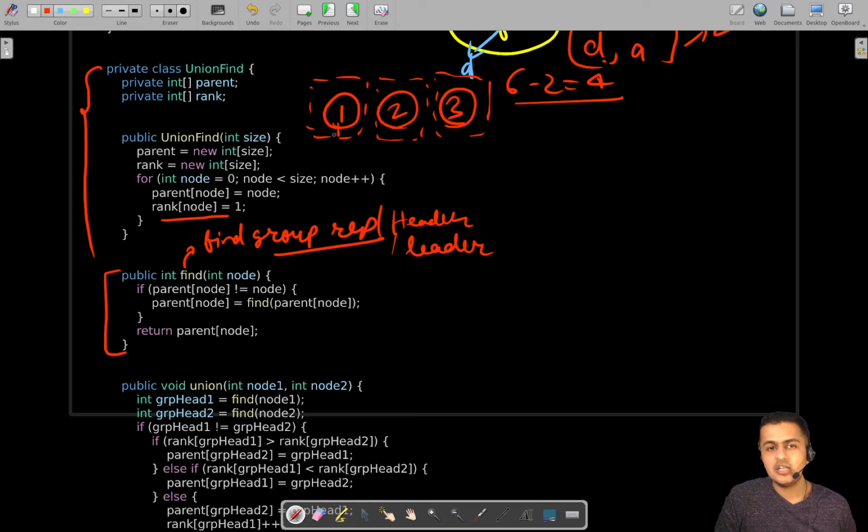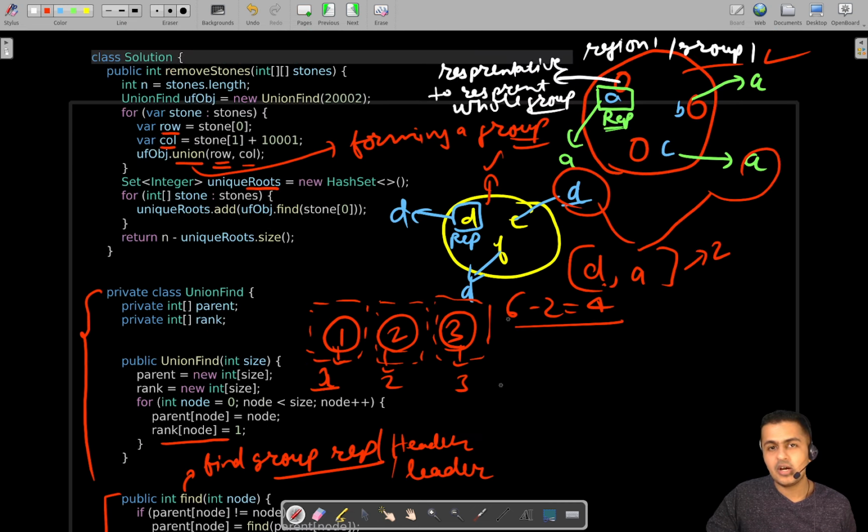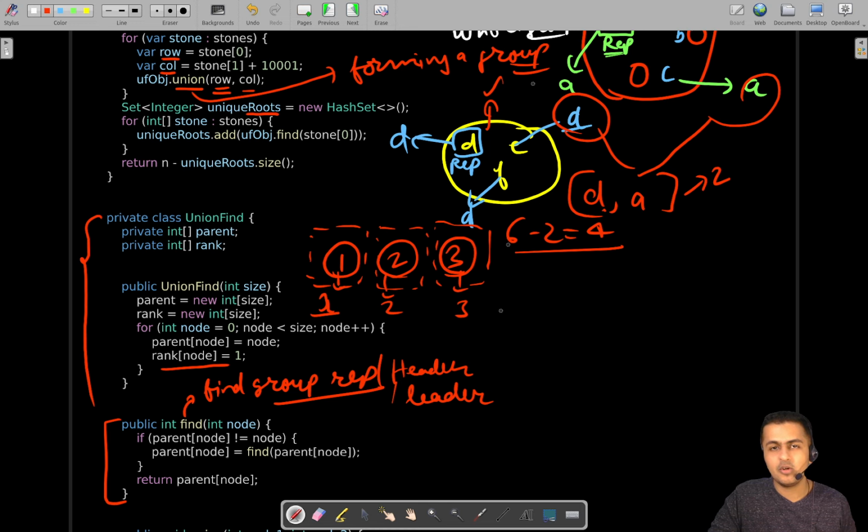So initially 1 is the group leader of itself, 2 is the group leader of itself, and 3 is the group leader of itself. In this diagram also, if you ask A who is the group leader of your group, A will answer that I am the group leader of this group. Whoever is able to answer that they are the group leader will be the group leader. So initially groups will be of size 1 and everyone will be the group leader of their own group.